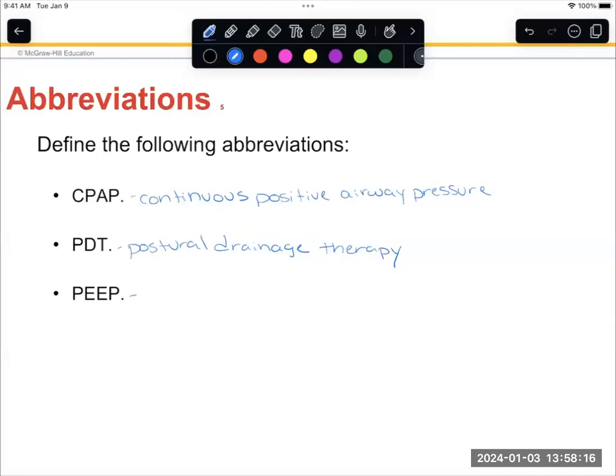And then PEEP is positive end expiratory pressure. This is another technique that uses ventilation to keep the alveoli from collapsing in acute respiratory distress and that neonatal respiratory distress syndrome.